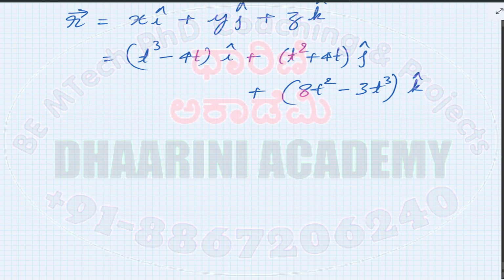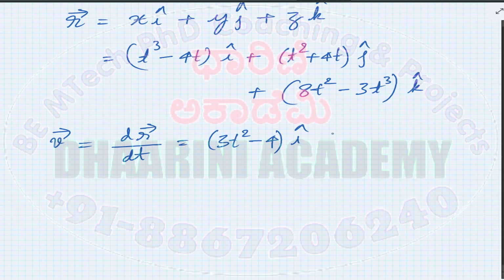Now when we have r, we can find the velocity component by simply performing differentiation. So this is dr by dt. Just look at the above equation so that we can differentiate. So t cube becomes 3 times t square minus 4 into i cap, plus the second component t square becomes 2t plus 4 times j cap.